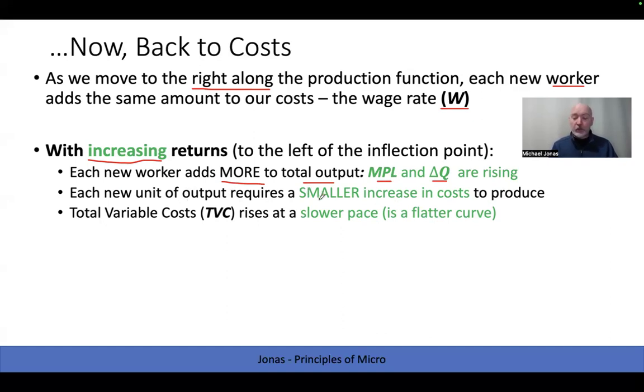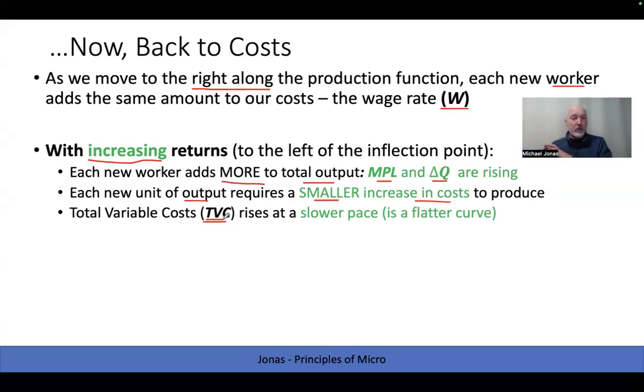So what does that mean in terms of costs? Since each worker gives you more output, each unit of output requires a smaller increase in costs. A smaller portion of an hour is used to produce that output. So what that means is our variable cost, our labor costs, are rising, but at a slower and slower pace.